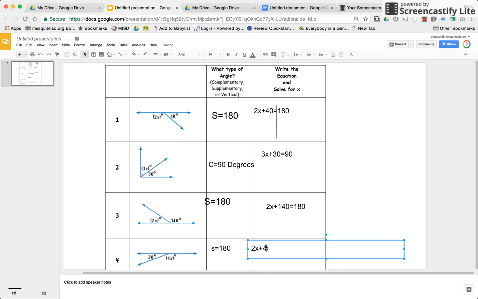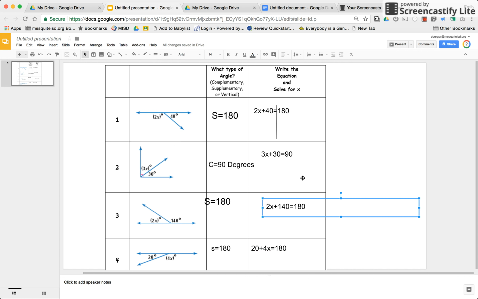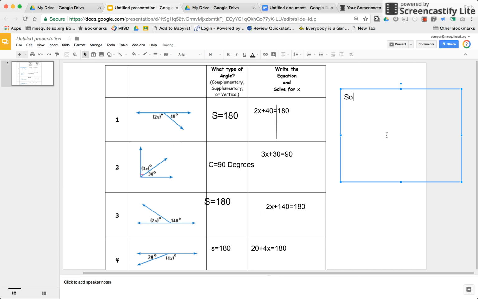Oh, am I wrong? Yep. 20 plus 4x equals what? 180, because those two angles form supplementary angles. Now your next step is to solve for x and finish the back of this page.